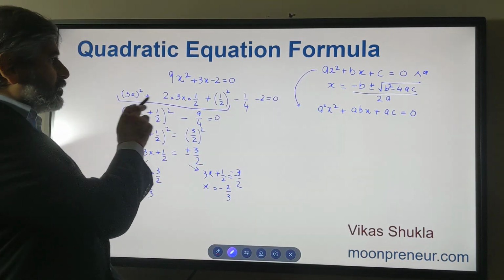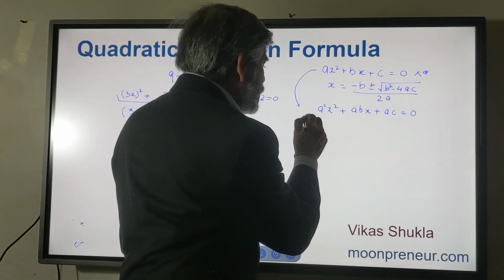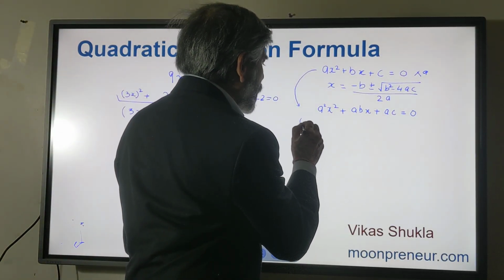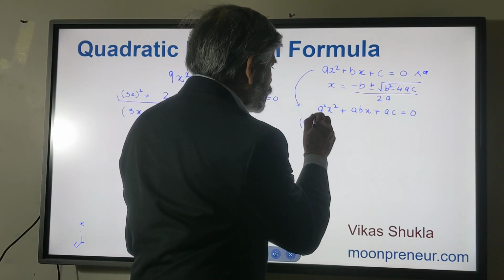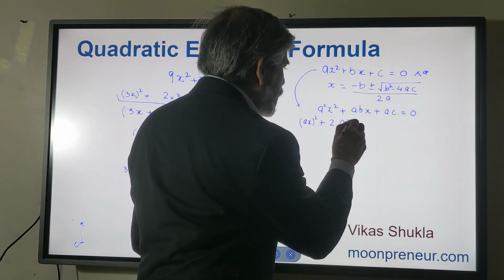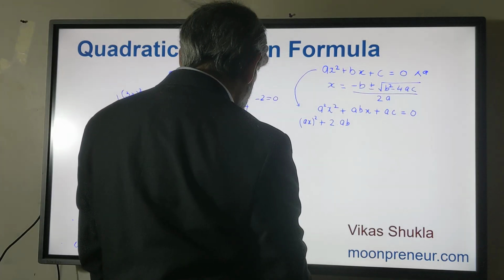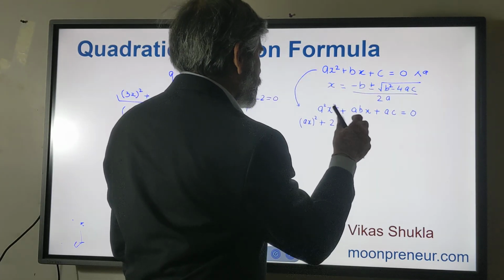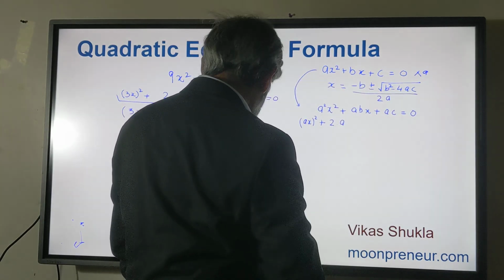Now I apply the same trick here. I have the a plus b whole square formula. I have ax whole square plus 2 into ax here.